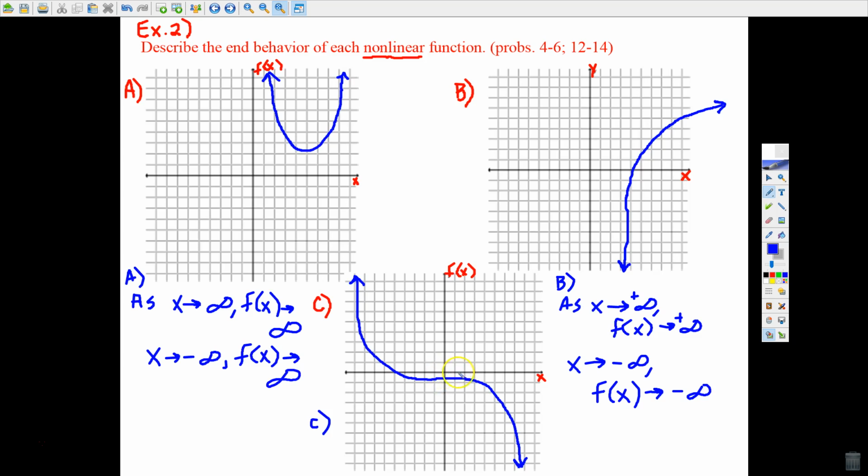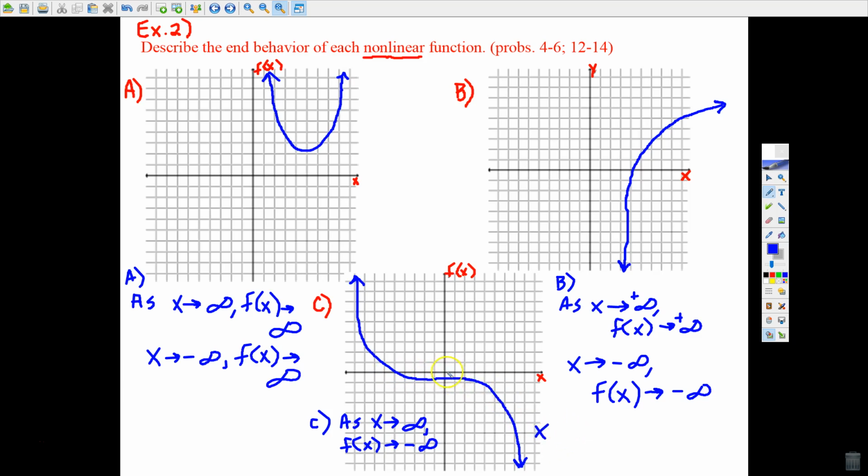As my numbers for x get bigger, as x approaches positive infinity, do you notice the values for y are getting smaller? So as my inputs approach positive infinity, the function is approaching negative infinity. Now we need to do the other side.